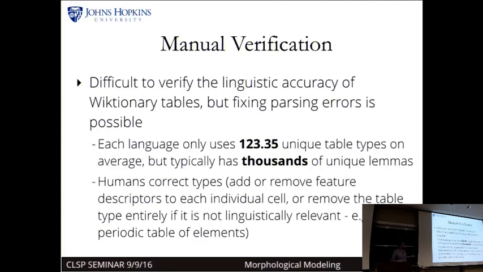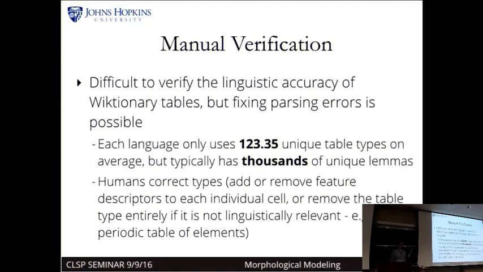So it's much easier for a human to go through and look at 123 different table types and say, oh, the parser is getting this right or the parser is getting this wrong, and sort of fix them and then apply that to every lemma. And the main thing that happens here is that a bunch of these table types are junk and can easily be filtered out of the database.